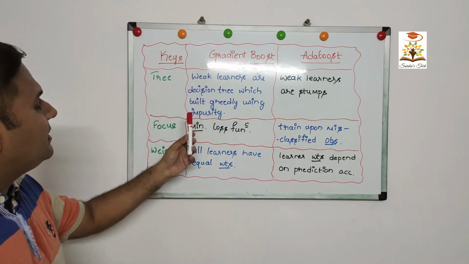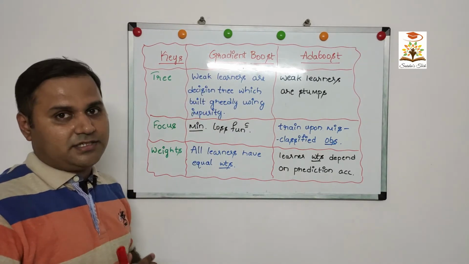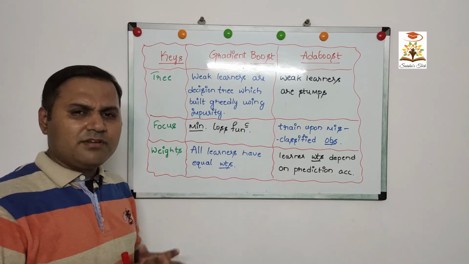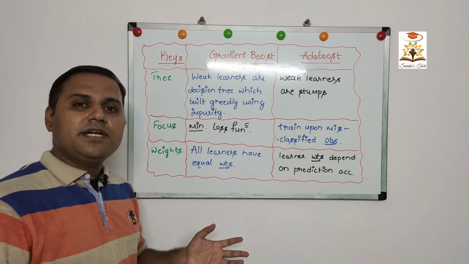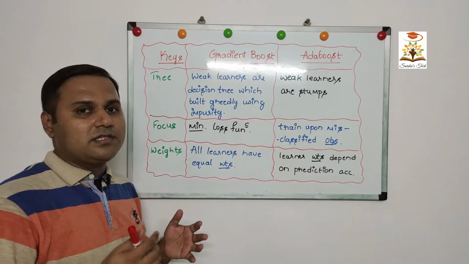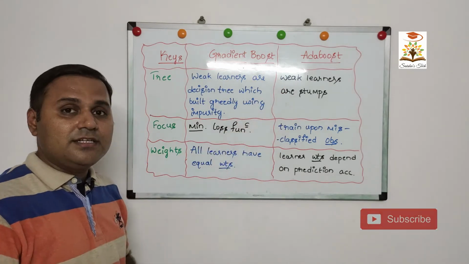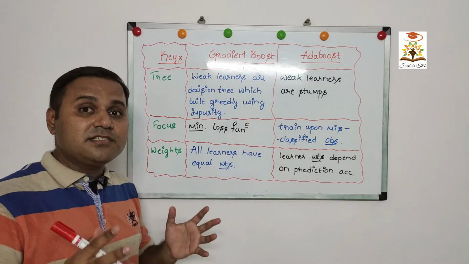Here in gradient boost, we are using weak learners that are decision trees, which are built greedily with some impurity. This impurity might be an entropy or Gini index. Whereas in AdaBoost, we use weak learners as decision stumps.